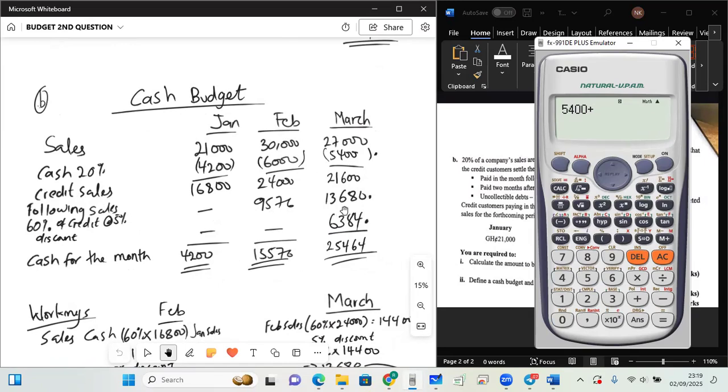Here is 13,680, plus the January cash that they will be receiving, 6,384. We're having 25,464, and that's what we are having here.